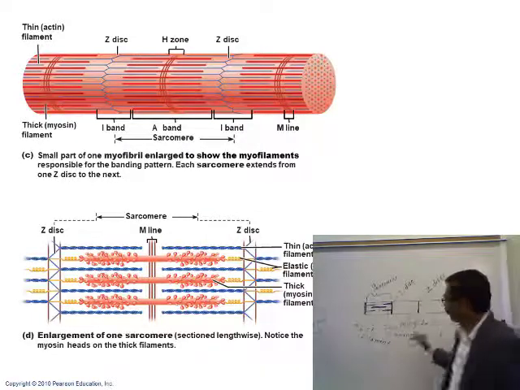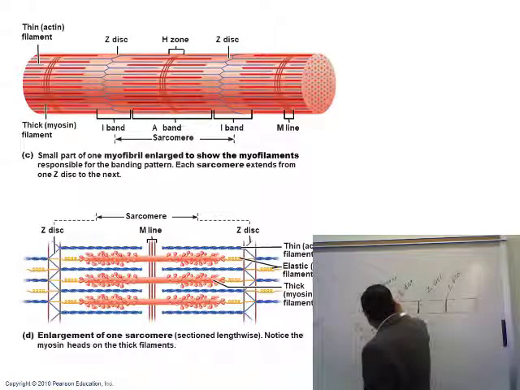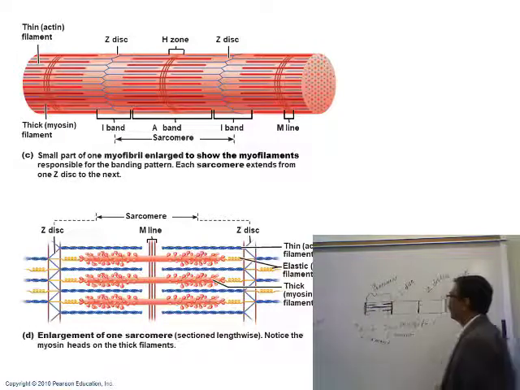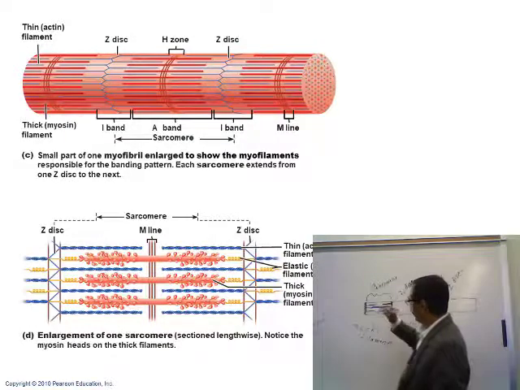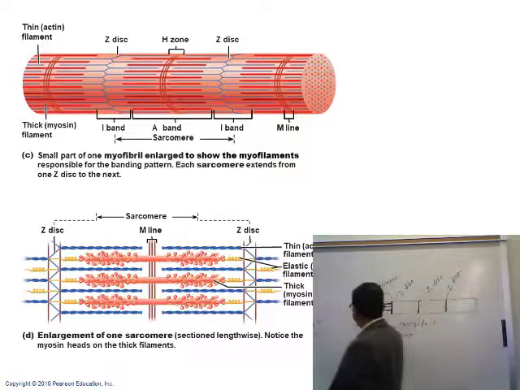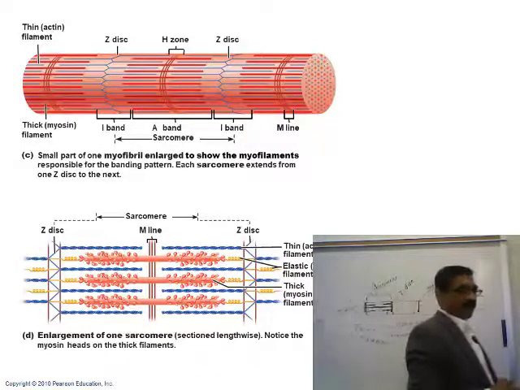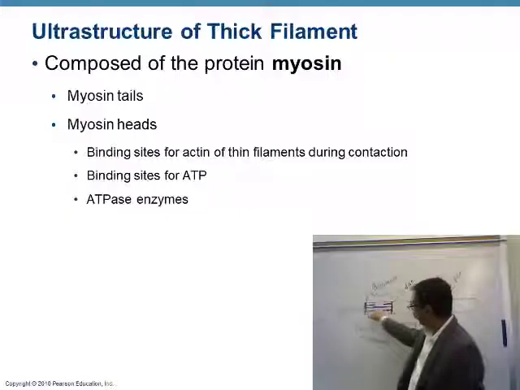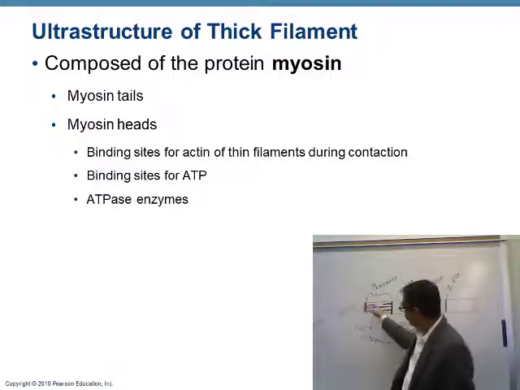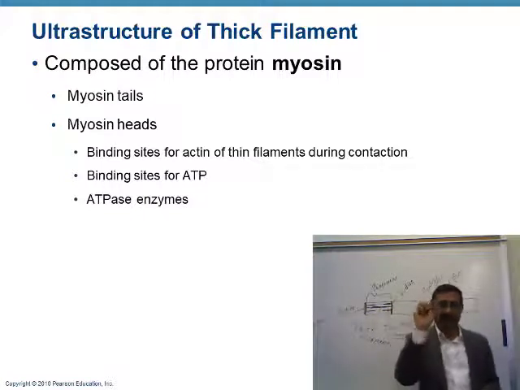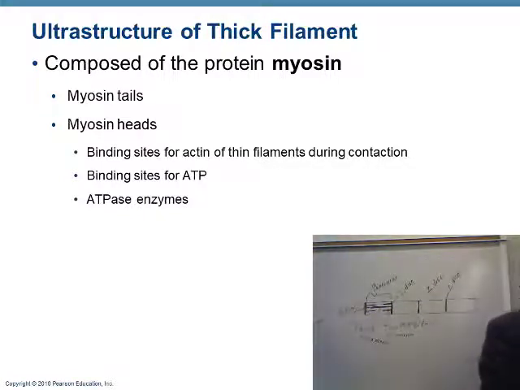Thick filaments are connected to the Z disc by spring-like structures. These are protein springs. These spring-like structures are called titin. So the thin filaments are directly attached to the Z disc, but the thick filament, both ends, are attached by titin, spring-like protein structures or protein springs.